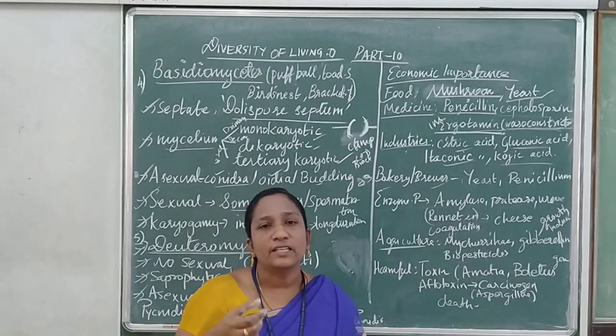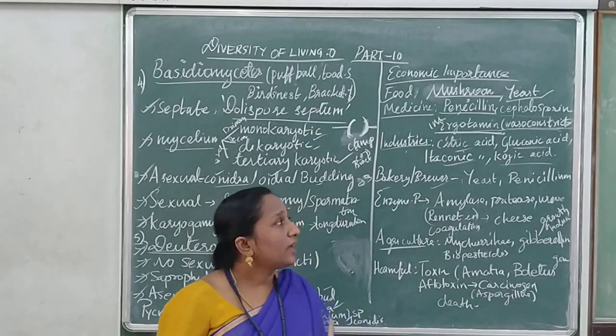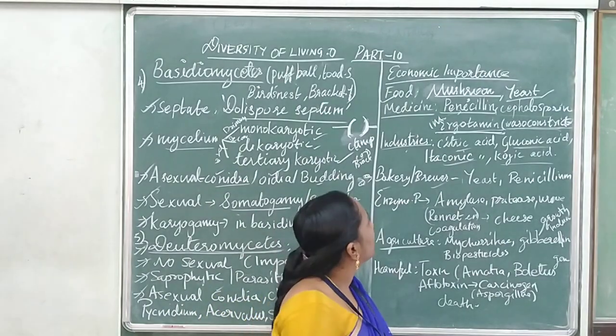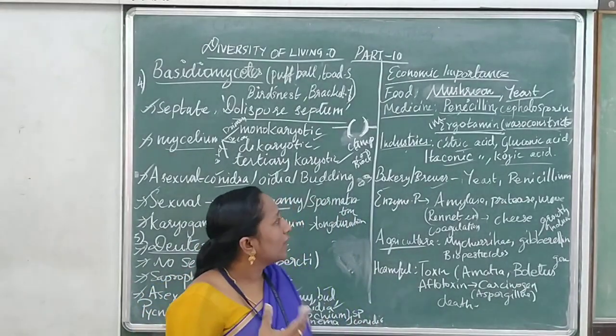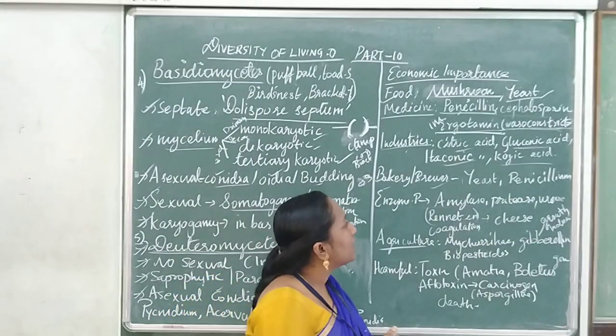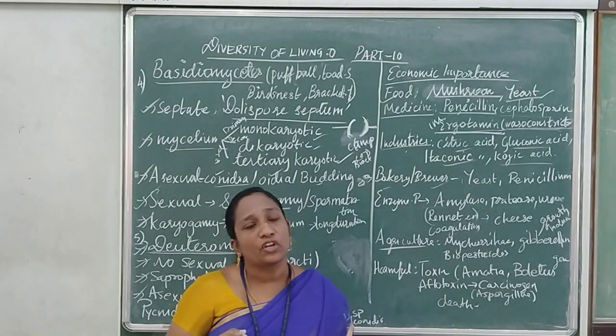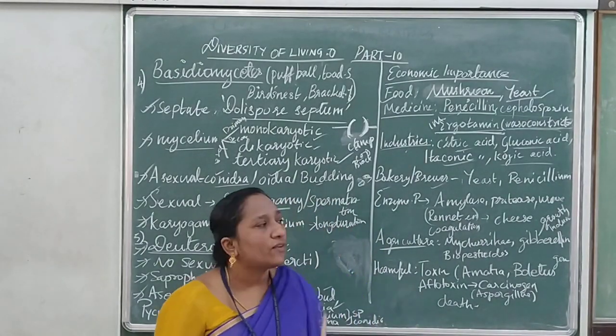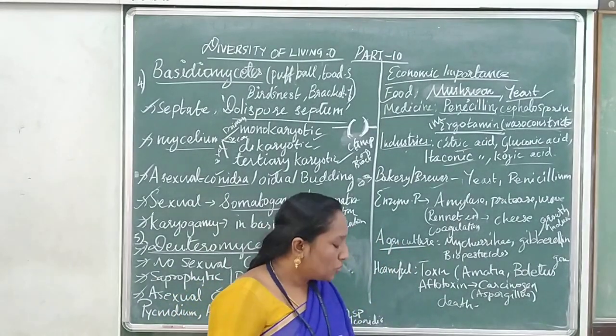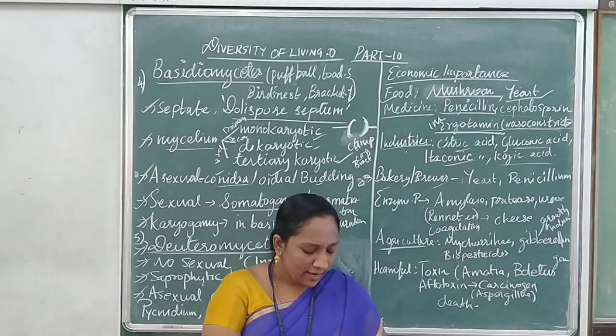It is a medicine prepared from the fungi and useful as a vasoconstrictor. In industries, a lot of acids are produced by means of fungi. In bakery and brewery industries, yeast and penicillin are used. In enzyme production, fungi are involved in producing amylase, protease, urease and many other enzymes.